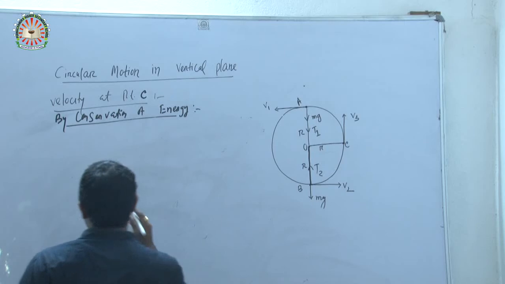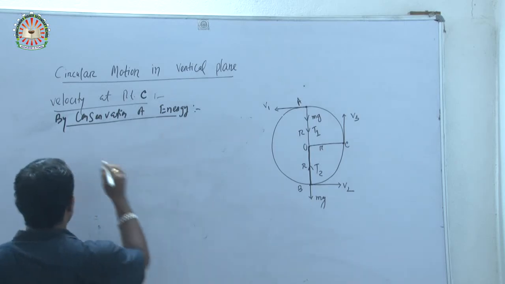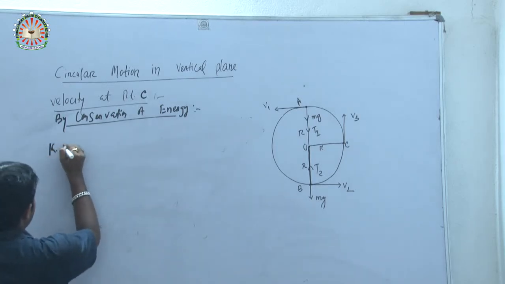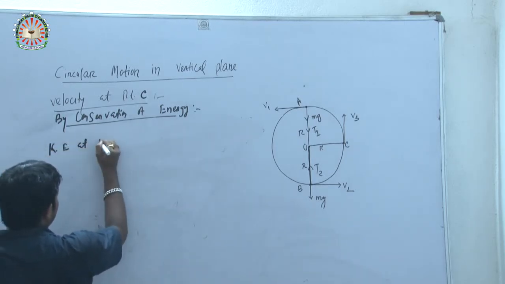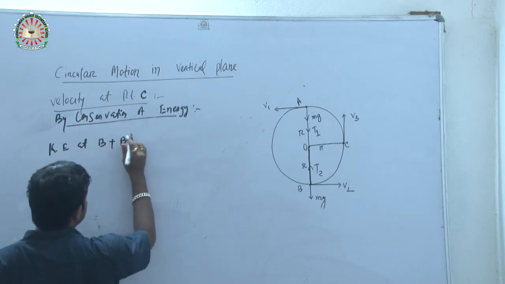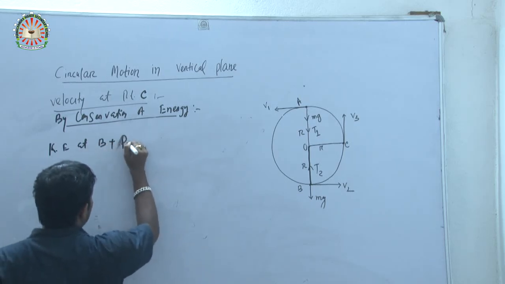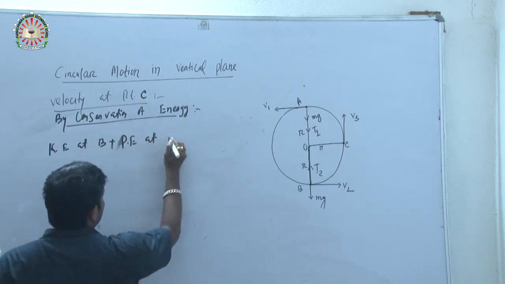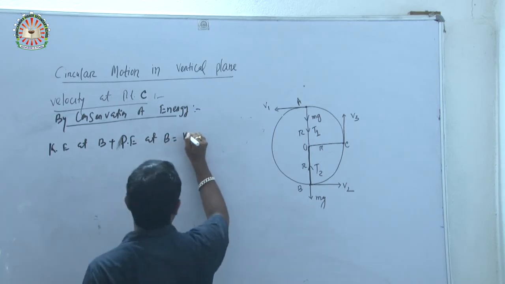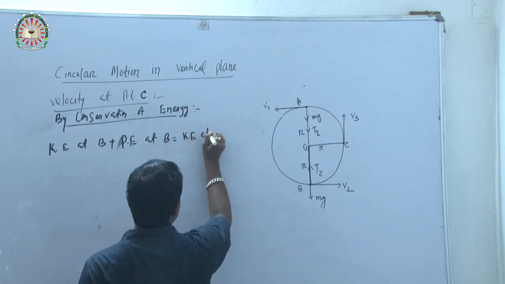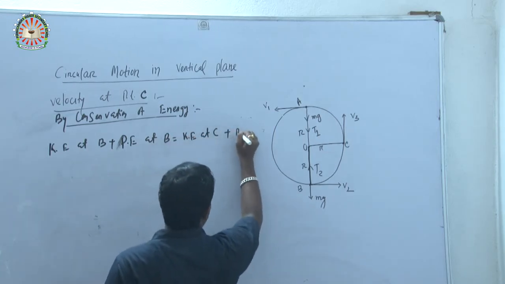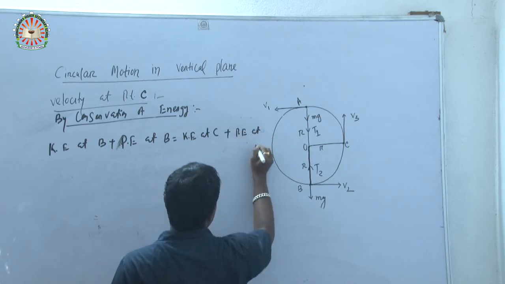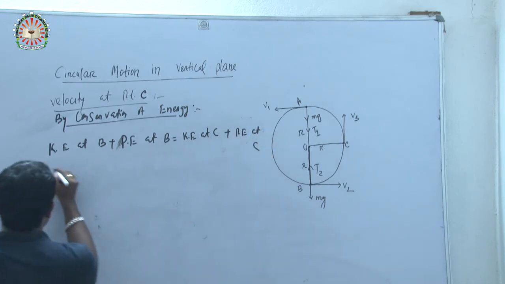Clear? So by conservation of energy, what can I write? The kinetic energy at B plus the potential energy at B is equal to the kinetic energy at C plus the potential energy at C. Very simple. Okay, so let us find.